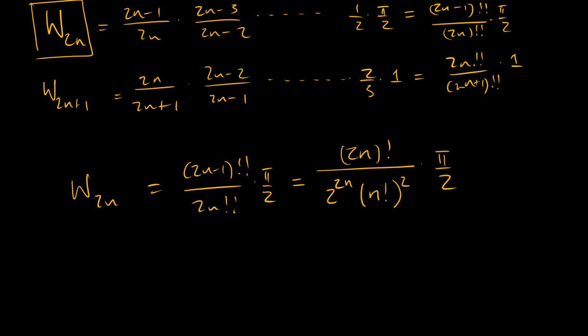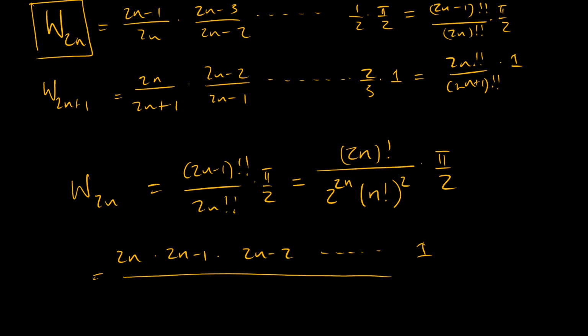And that is because what we've done here is we have 2n, and we've plugged in 2n minus 2 all the way down to 2, and that means we have 2n squared, 2n minus 2 squared, all the way to 2 squared.